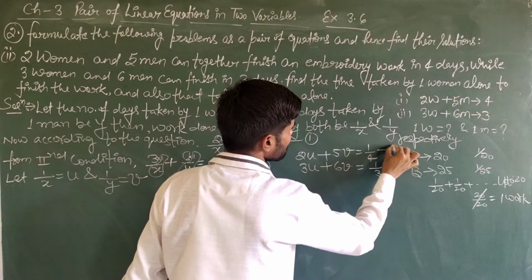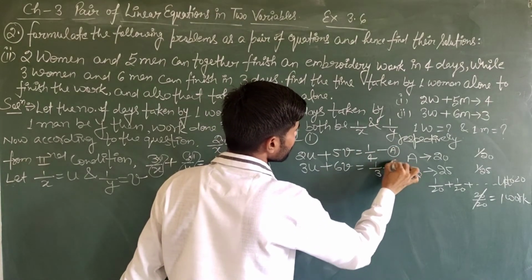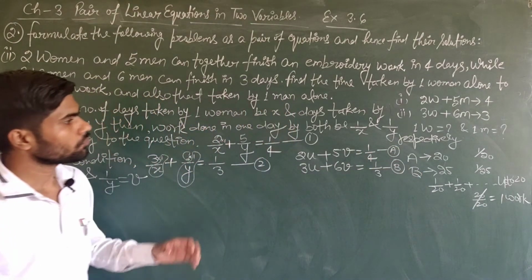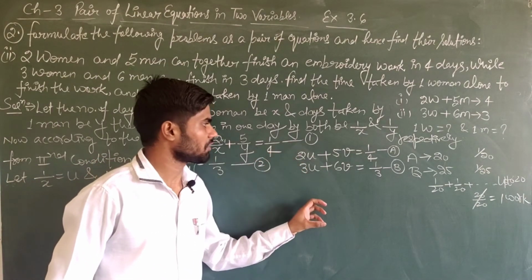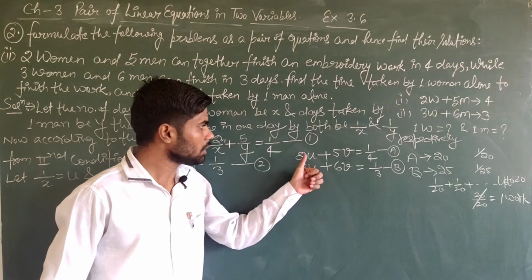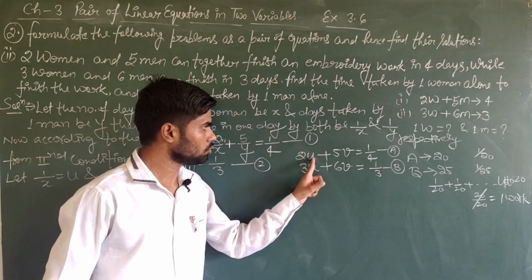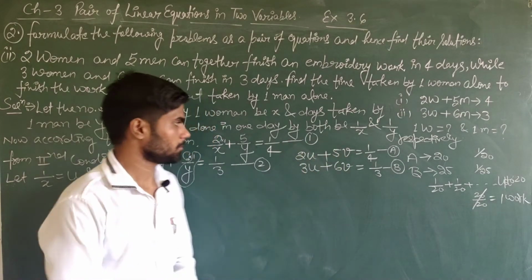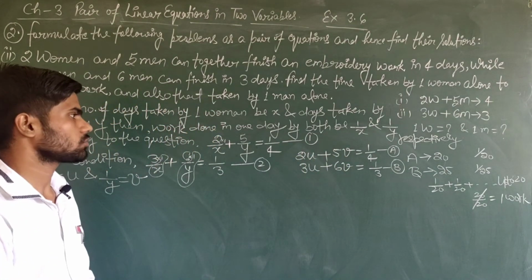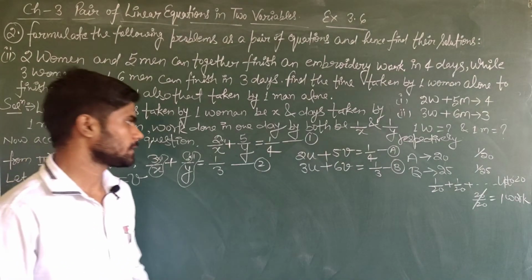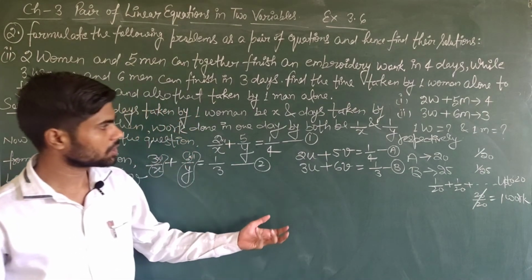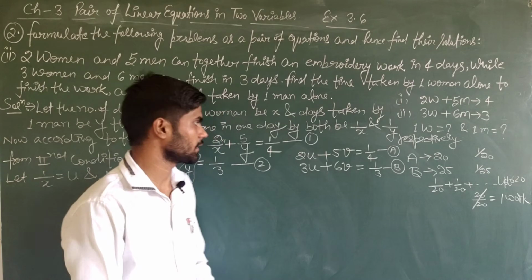Suppose this is equation number A and this is equation number B. Now we have two linear equations in two variables. Here u and v are two variables.